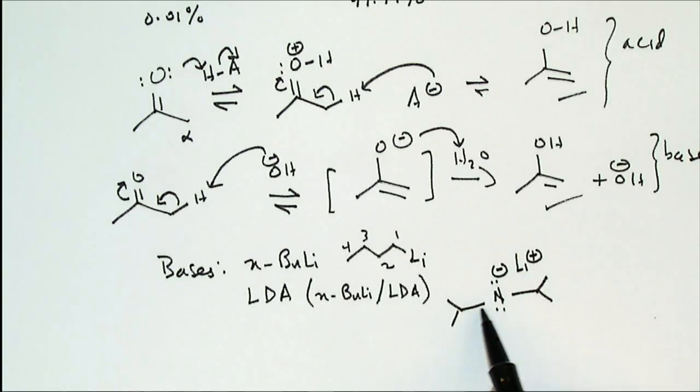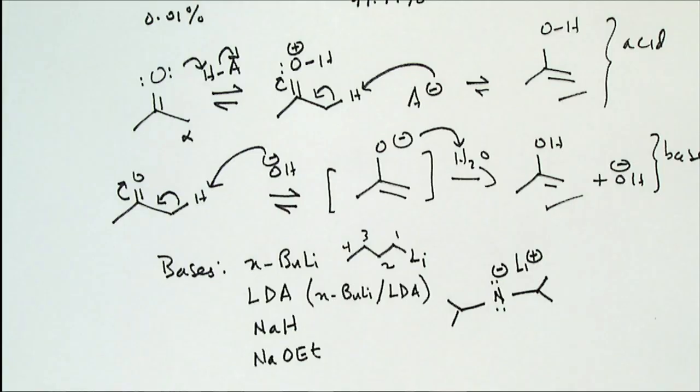So lithium diisopropylamide is what you have for that. It's a very powerful base. Something like sodium hydride is also a very powerful base. And you will even see in some of these reactions, something like sodium ethoxide is also a powerful base. So these are the bases that we tend to use when we are carrying out this type of chemistry.